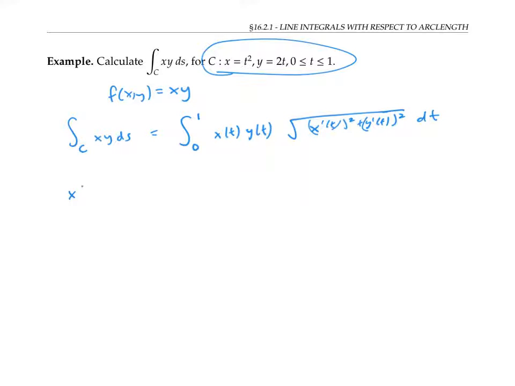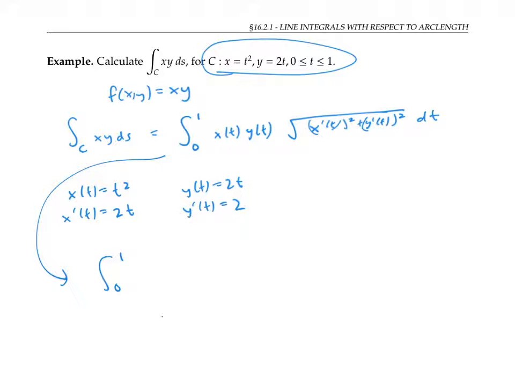From above, we know that x of t is t squared and y of t is 2t, so x prime of t will be 2t and y prime of t will be 2. Plugging all that into this, we get the integral of t squared times 2t times the square root of (2t) quantity squared plus 2 squared dt.